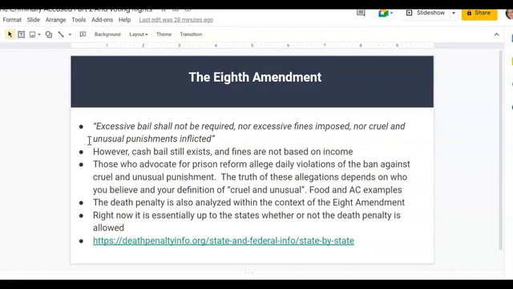And what I mean by cash bail is, say I got arrested for assault and battery and I got into a huge fist fight with somebody and I beat the daylights out of them, which is not likely to happen because I'm about as tough as a bag of marshmallows, but let's say that did happen.